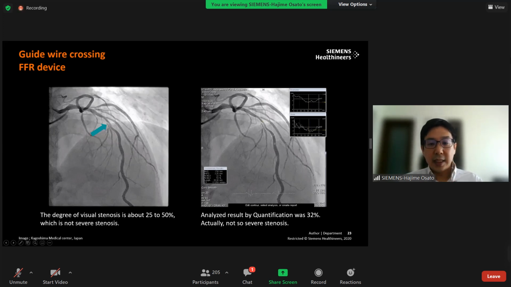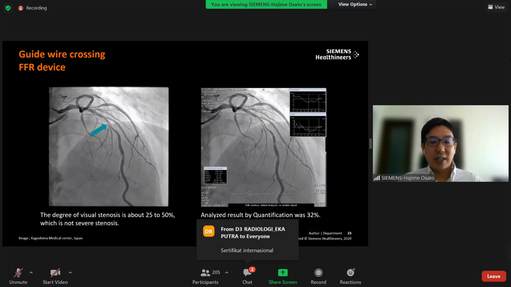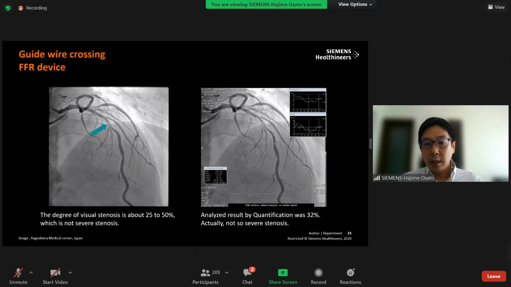But when we tried the FFR, the ratio was 0.71. So we should do PCI in this case. So FFR evaluates vessel condition, not only the visual appearance of the stenosis, but also from a functional perspective.